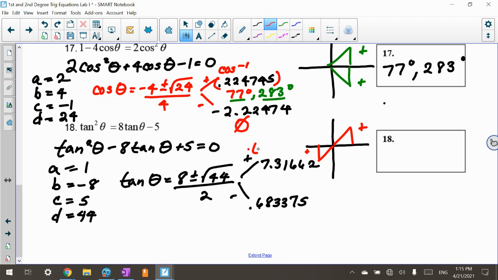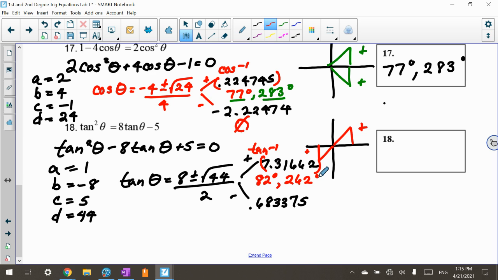So when I do inverse tangent on this one, I get for an angle 82 degrees, that's in quadrant 1. Then I'm going to add it to 180, and when I take 82 and add it to 180, I get 262.